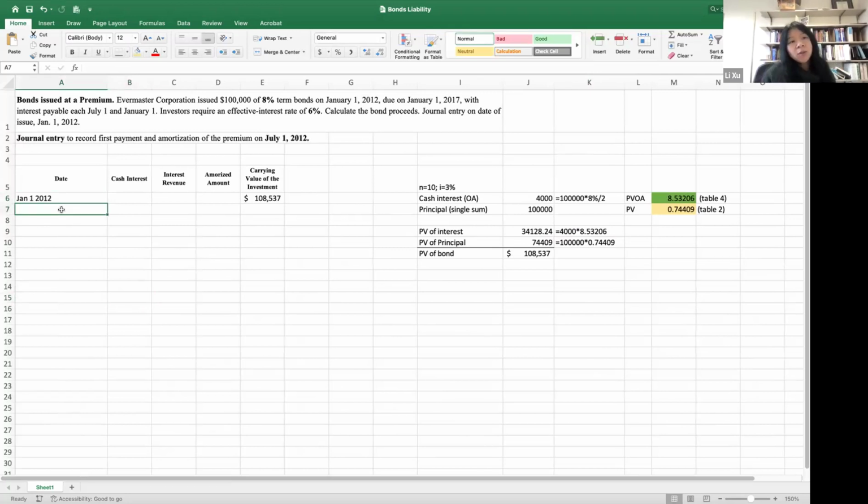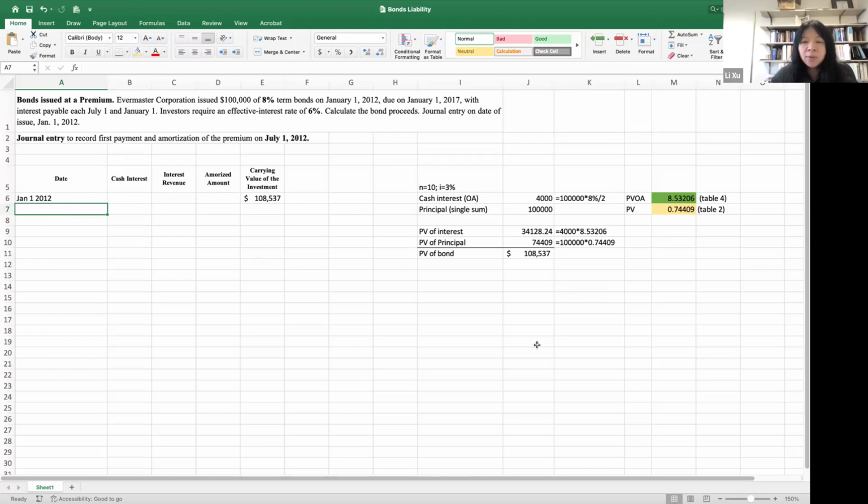Now, to be able to do the journal entry, especially for the interest, we need to start and finish the amortization table. But first, we need to identify, do we have a premium or discount for the long-term liability? How do I know? Just think about it. The face value is 100,000, right?